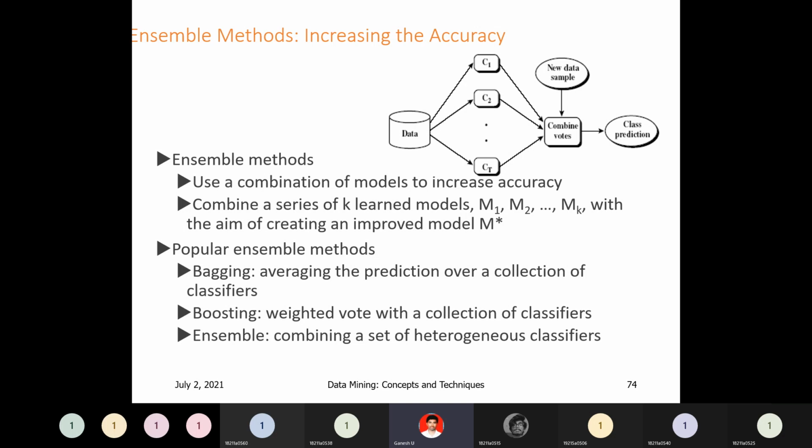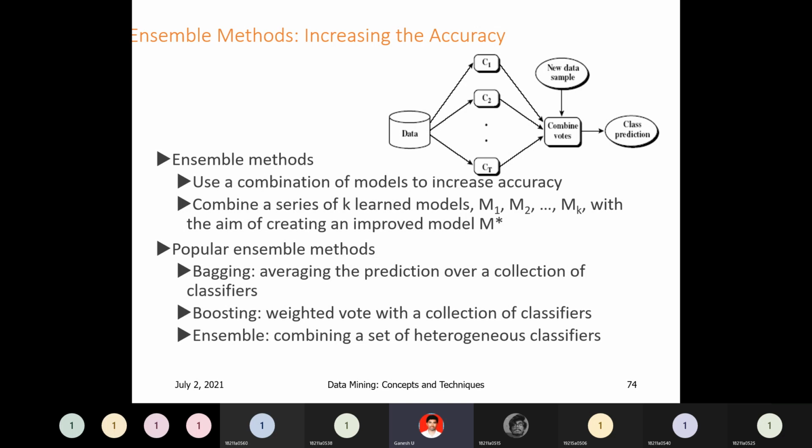So here also, we are using a number of classifiers combinedly. Definitely we will get a better result than a single classifier. So that is the ensemble method.